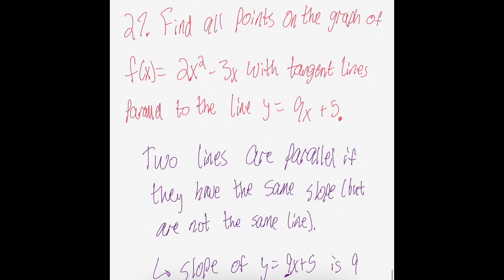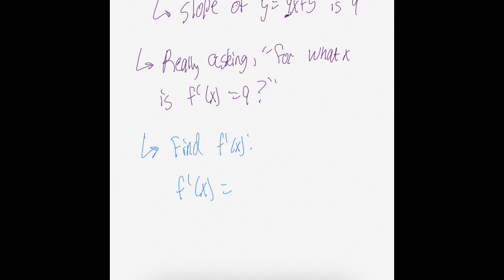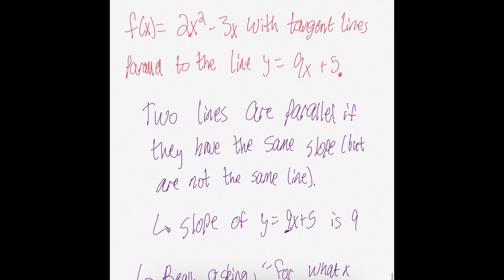Okay, so f prime of x, well, let's see. This isn't so bad. This is just going to be a power rule. So 2x squared, we take the derivative of that, and we will get 4x. We're going to bring that 2 down front. So then I have a 4x, and now my exponent is just a 1.